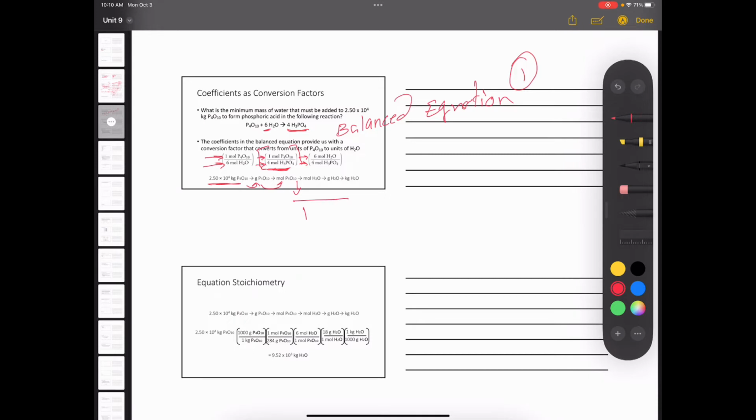For 1 mole of phosphorus oxide, we need 6 moles of H2O. So that is the conversion factor I will be using. This is the relationship between the phosphorus oxide and water. So now once I have moles of water, I can make my way back, which is converting the moles into grams and the grams into kilograms. Okay?